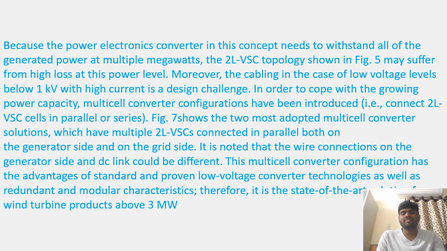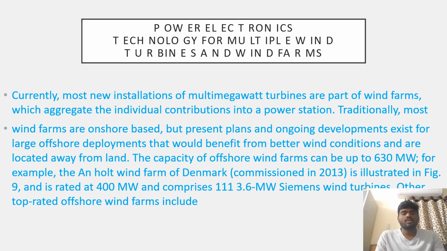The multi-cell converter configuration has the advantage of standard and proven low voltage converter technologies, as well as redundant and modular characteristics. Therefore, it is the state of the art for wind turbines producing about 3 megawatts. Most new installations of multi-megawatt turbines are part of wind farms, which aggregate the individual contributions in a power station.